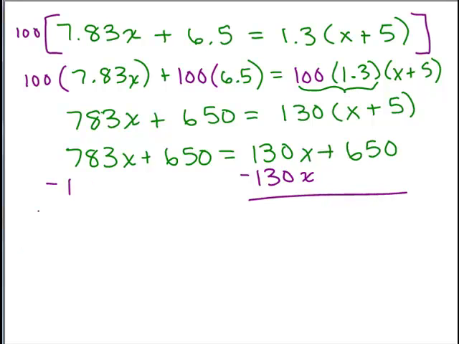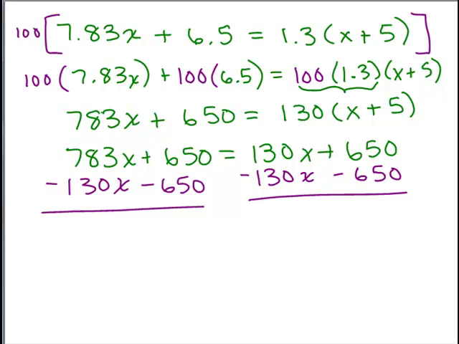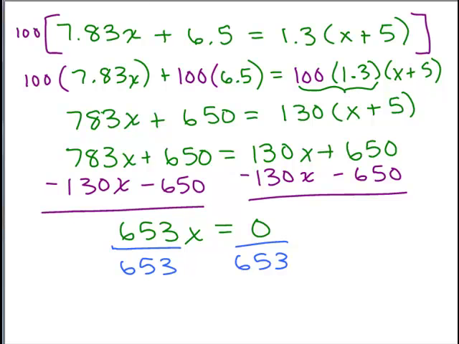So subtract 130x, and we're going to get the constants on the right, so we're also going to subtract 650. That gives you 653x equals 0. So when I divide by 653, again, I'm going to get x equals 0 for my solution.